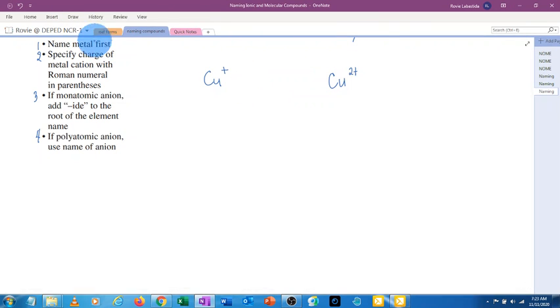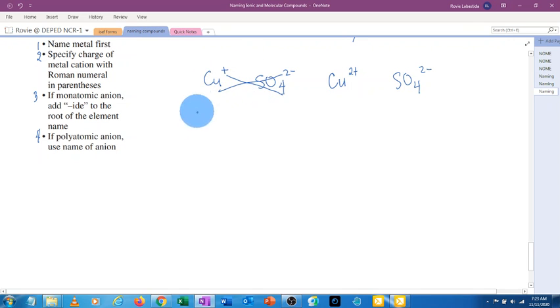Alright, so for copper 1 and copper 2, let's have a polyatomic anion. Let's have SO4 2 negative. Let us derive the formula from these ions first.